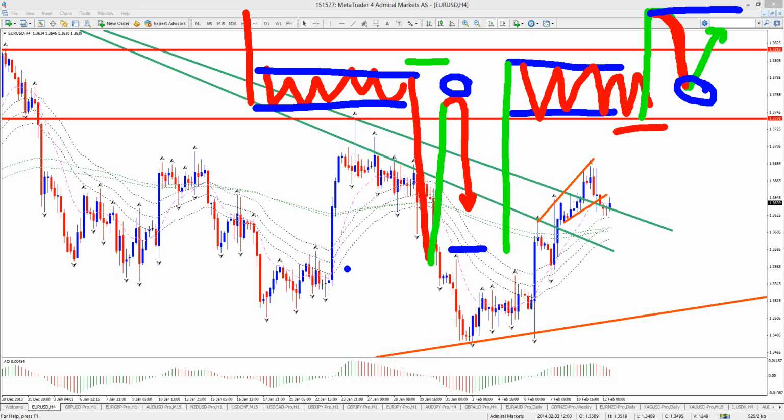All right. There are some optimizations. When there's a strong impulse going out of the zone or prior to the zone, those are always better. The stronger the impulse, the better. And if there's at least a reward to risk of 3 to 1 from the blue circle to the TP, that's better, right?